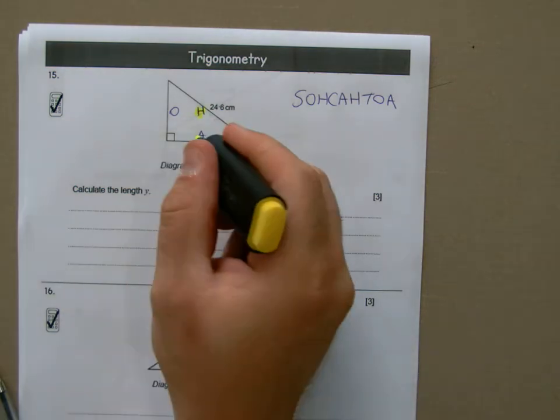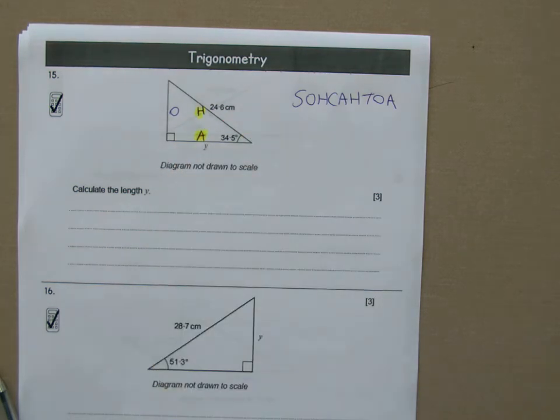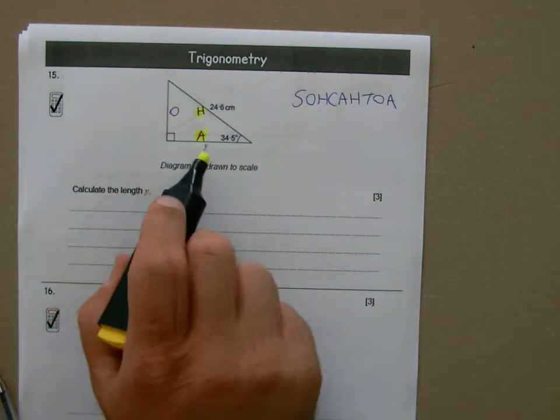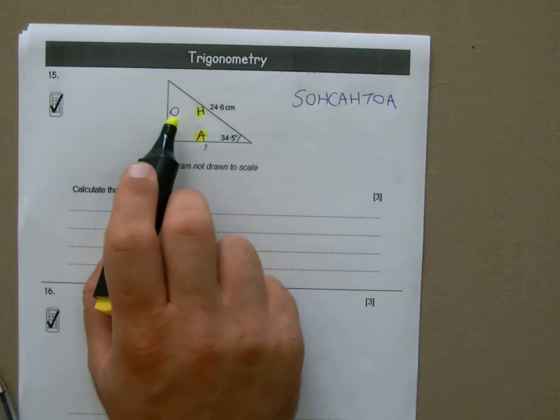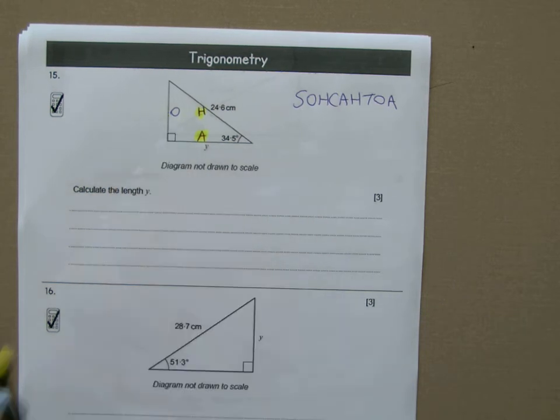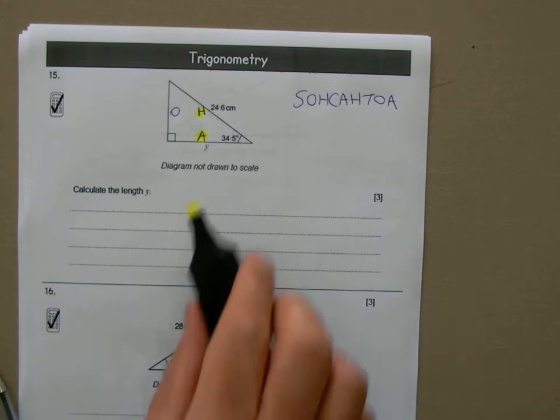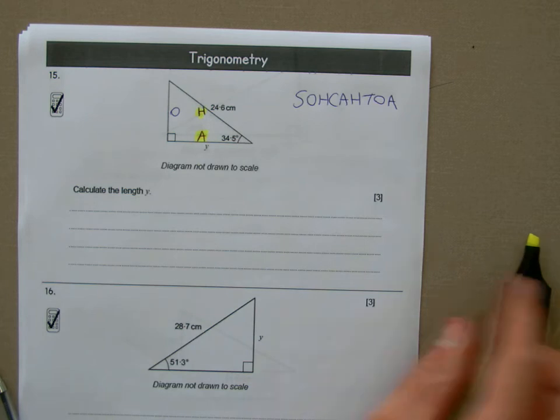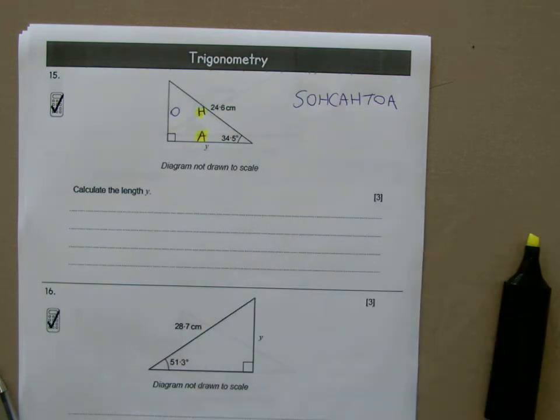And the other one then, the natural one to use, is A, because I want to work out this side, I want to work out Y. O, well, we're not really bothered with O, because we don't know how long O is, but they're not asking for it either. They're not asking to work out that side, so let's just forget about that. So we've got H and A.